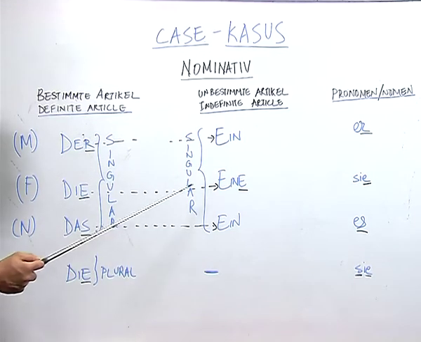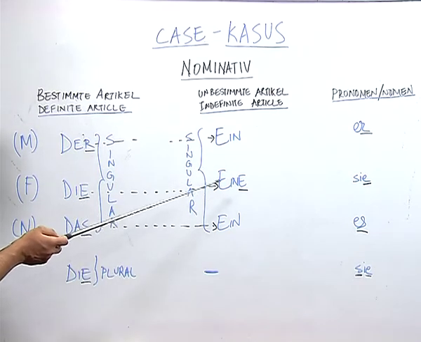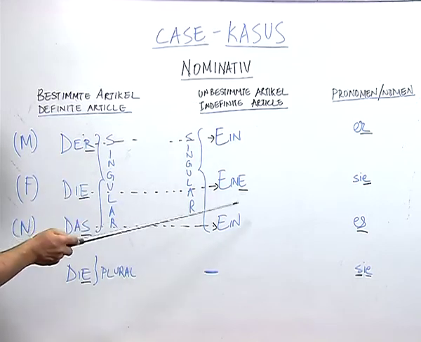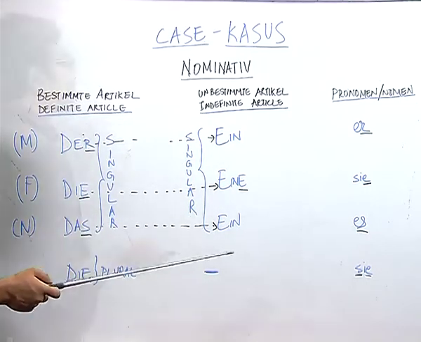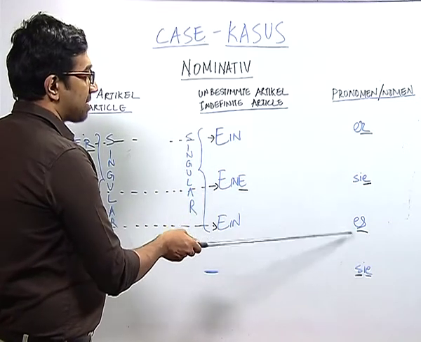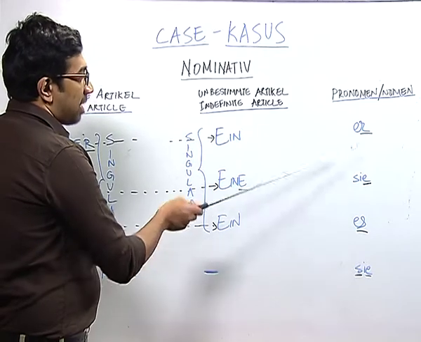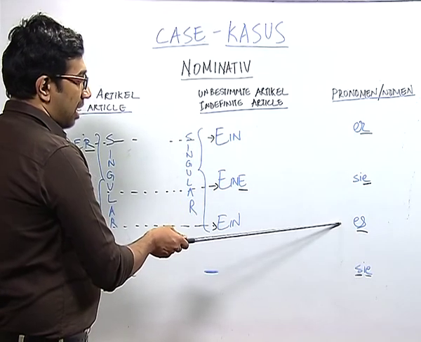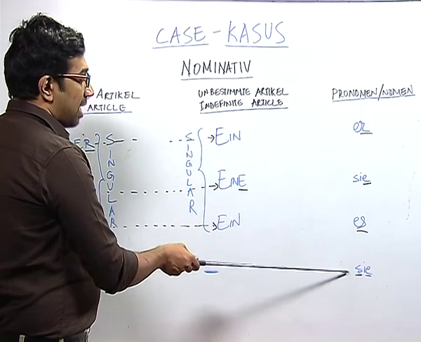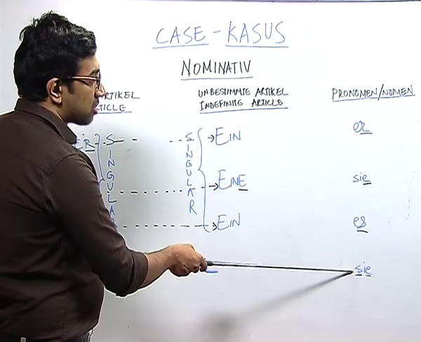And another tip which I gave you earlier is that any indefinite article which ends with e in the nominative case would always be feminine. Now, let us look at the pronouns er, sie, es and sie. You are already familiar with these pronouns. Er, sie and es are, as you know, third person singular pronouns, and the pronoun sie here corresponds to the third person plural pronoun.